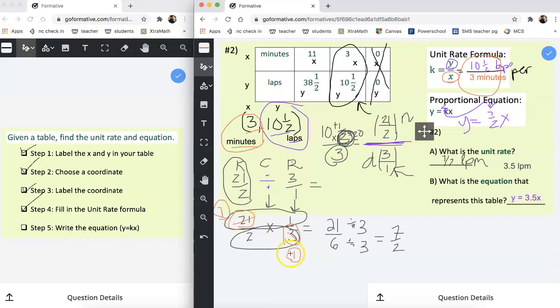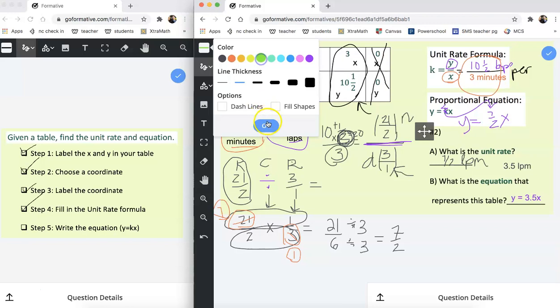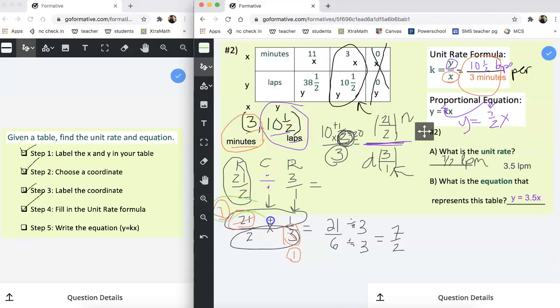So then if I had reduced first and then multiplied across, look at what would happen. I would multiply 7 by 1, and we would get 7. And then we would multiply 2 by 1, and we would get 2. So I want to make sure I reminded you that you can either multiply first and then reduce, or you can reduce diagonally and then multiply across second.